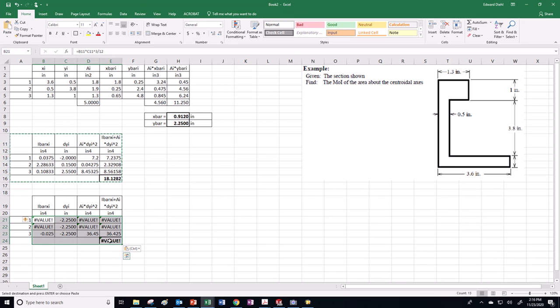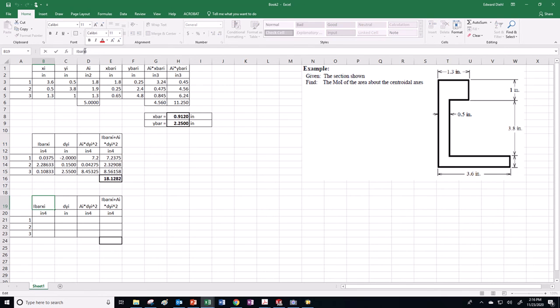And none of these values are going to be correct. But I'm going to change this to Y, change this to X, and change this to X, and change this to Y. Did I save myself anything by doing this? I don't know. Probably not.